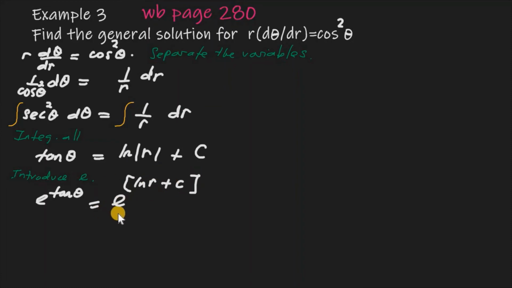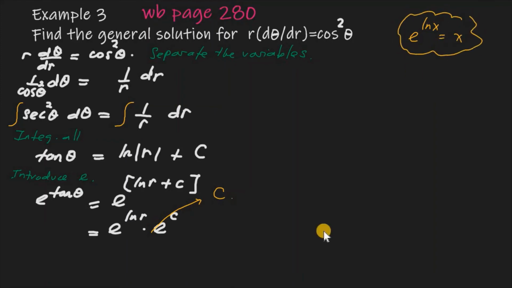So here we can use the law of exponent, and we call this simple constant big C. e power ln r, last time again in our basic knowledge of the law of the log, if we have e power ln x, it is x.